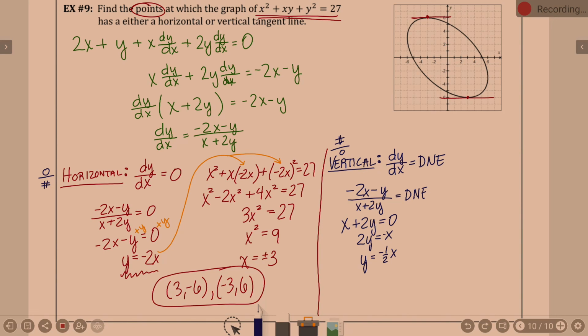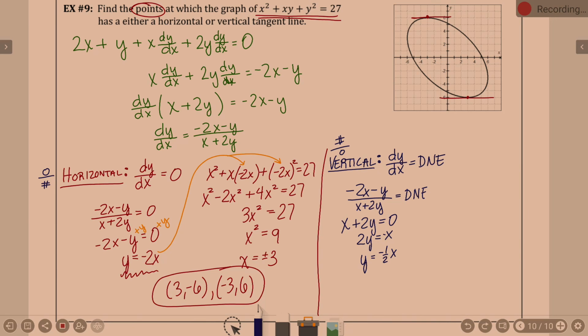It's all the same, yes? Could you have maybe done x equals negative 2y and plug that in up here? You could. I think it will work out. Now, this one works out too, so let's do it.